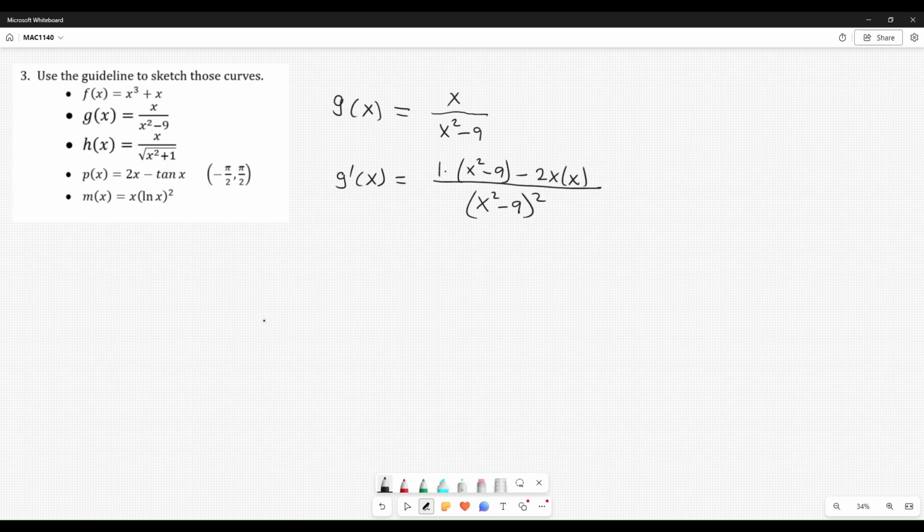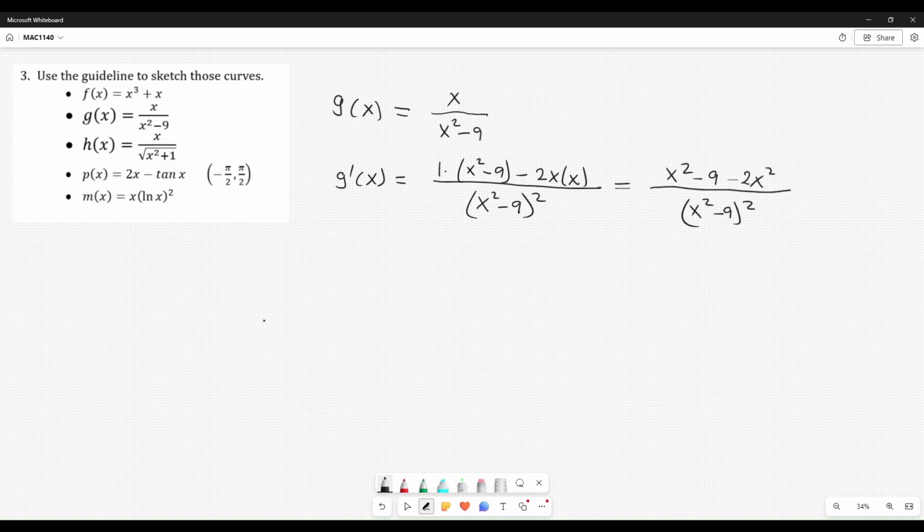So we have x squared minus 9 squared, and we have x squared minus 9 minus 2x squared.